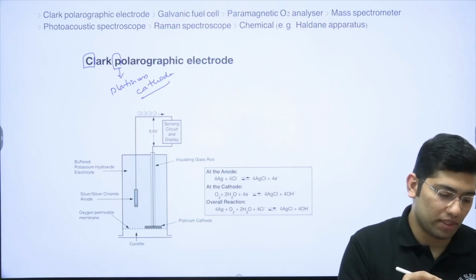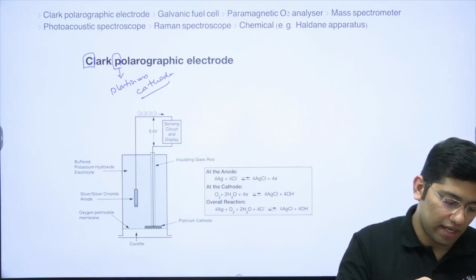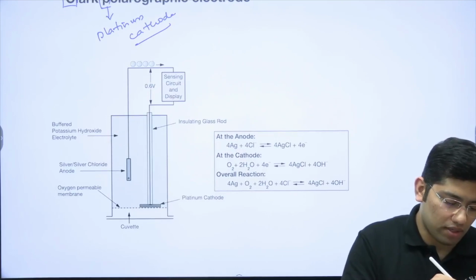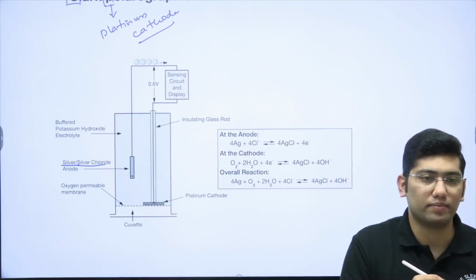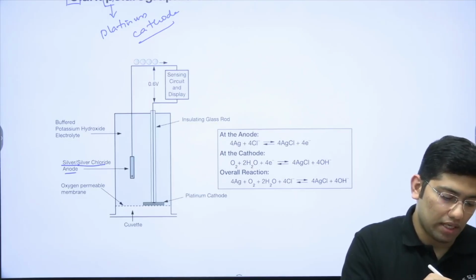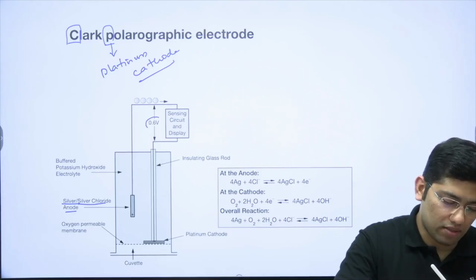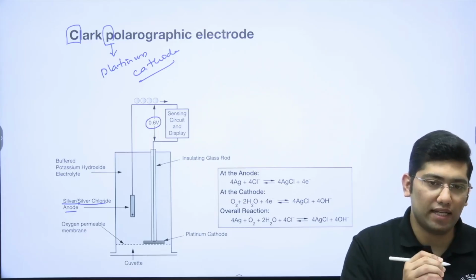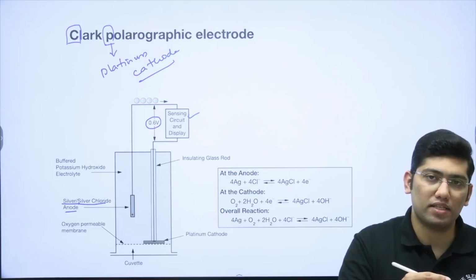And for anode we have silver in silver chloride. Here a 0.6 volt is applied steadily, and there is a sensing circuit and display circuit.